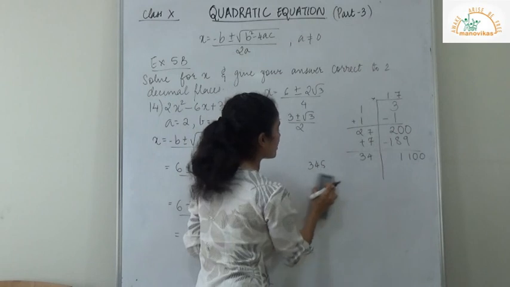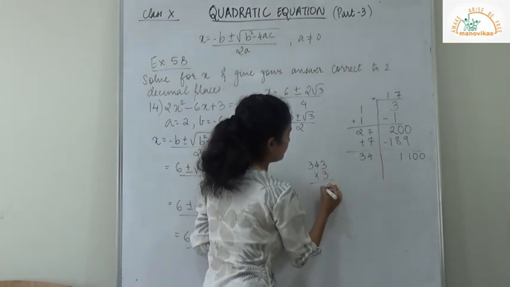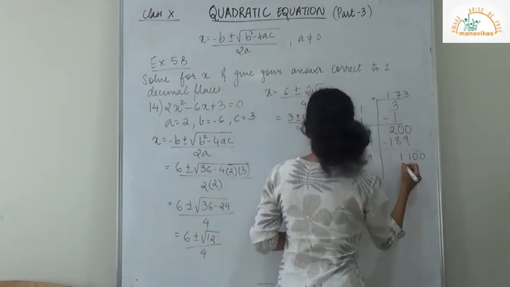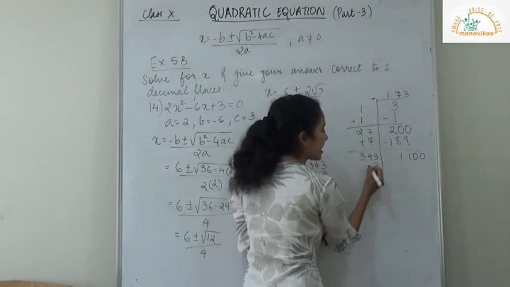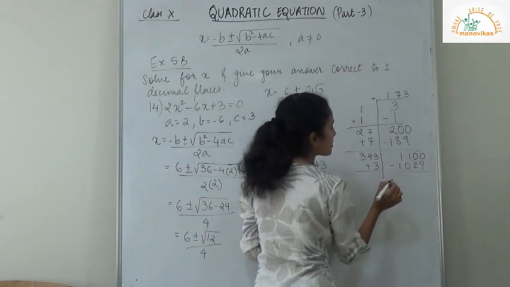So let us move on to the next number, and that will be 3. So this will be 3 times, and the same number 3 will be written here, added again, and here you subtract it to get 1029.